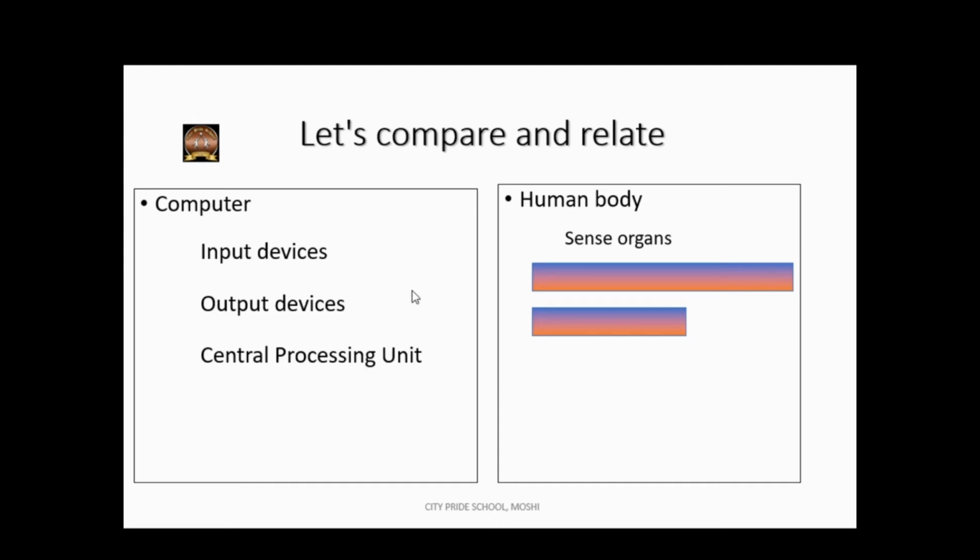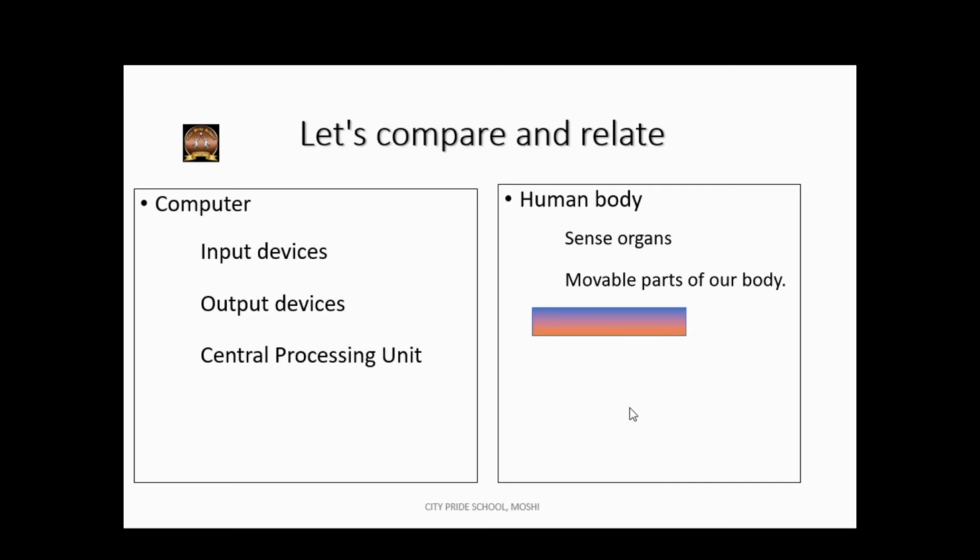What are the output devices? The output devices are those which help you to react to the information that you receive from the environment. And in the human body, our output devices are the movable parts of our body which our brain can control.